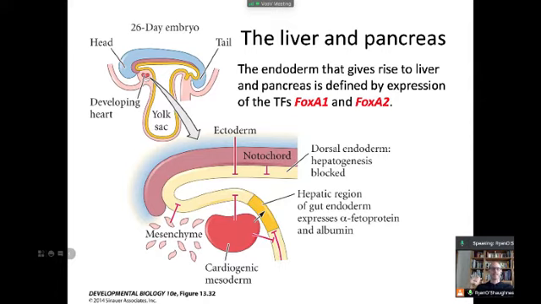So again, it's the proximity of already existing tissues, such as a notochord and developing heart, that define what's going to happen to the developing digestive tract at that location.